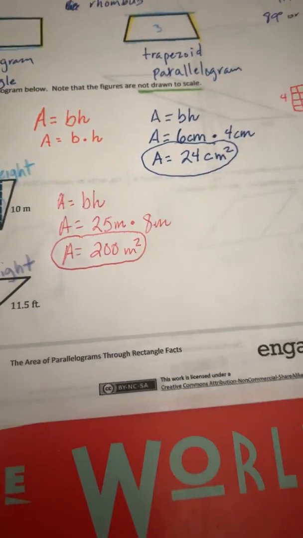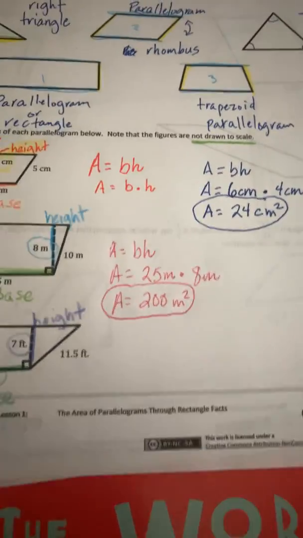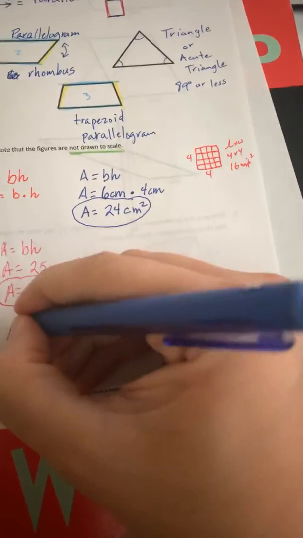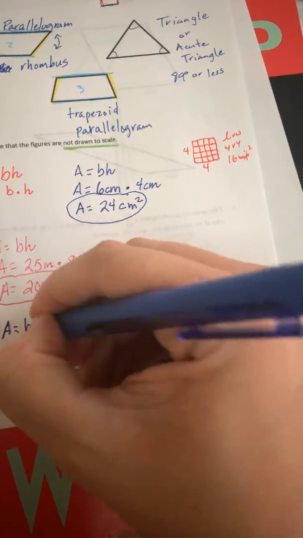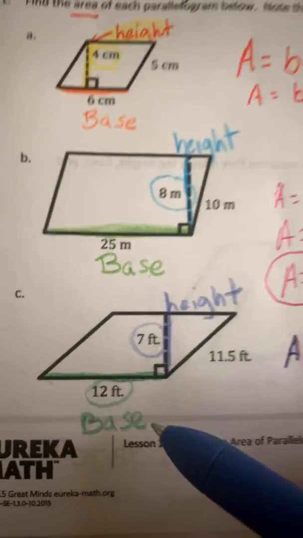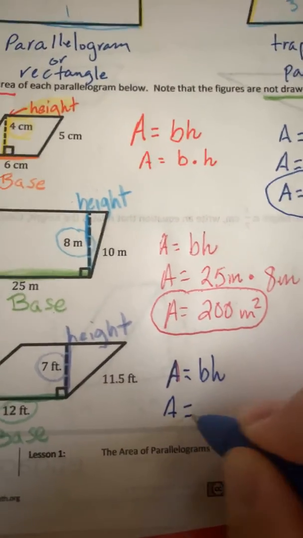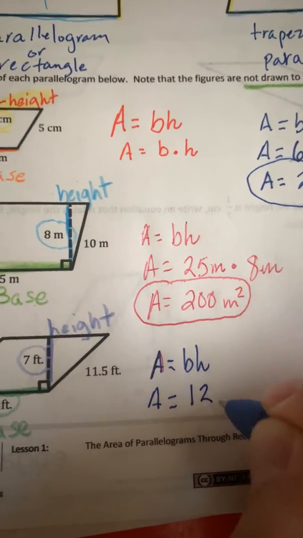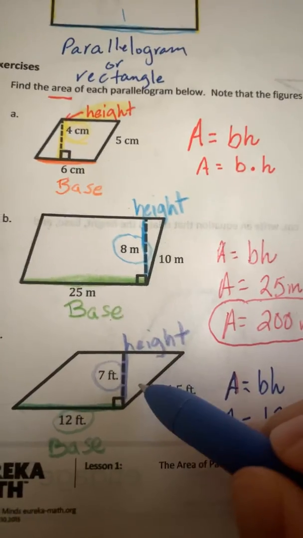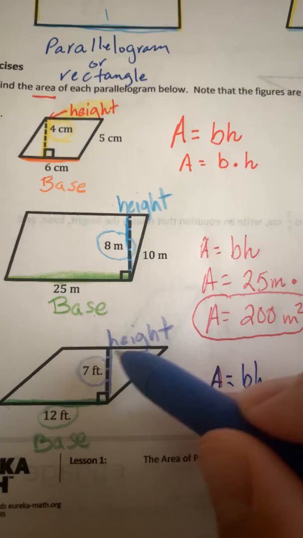Okay, very last one here on this front side of the page, using the same formula. It's a different color. A equals base times height. That's the formula we've been focusing on all this time. We said that the base, which is in a green color, was 12 feet. So I'm going to say A equals base is 12 feet times the height, which we did in the violet color, I think.